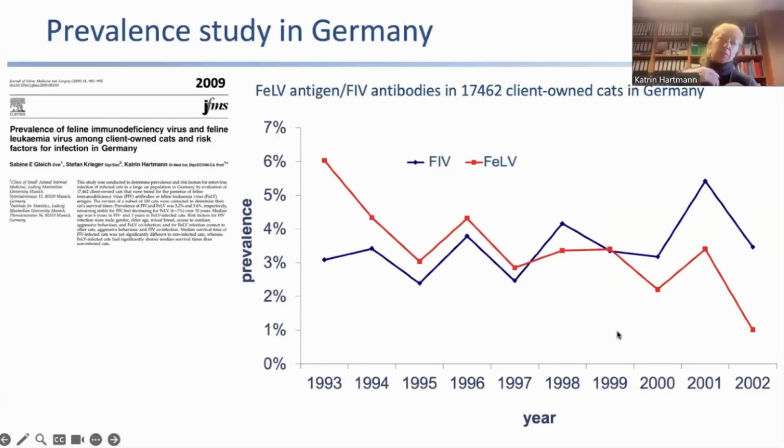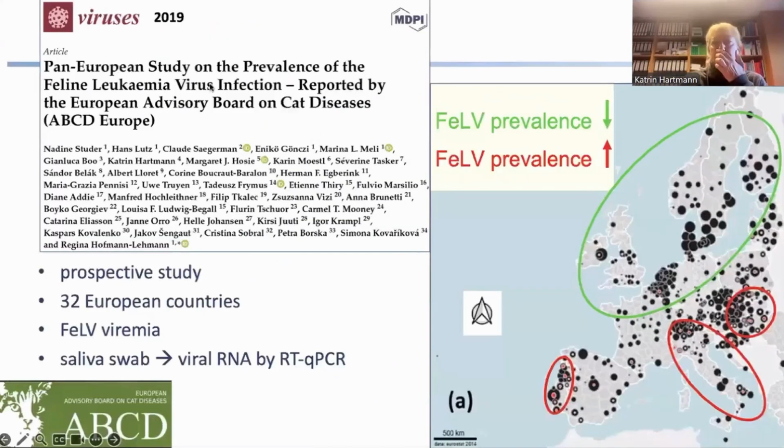FeLV prevalence can of course be controlled more easily by vaccination and also by testing. And FeLV, if it's in a population, might kill cats. So there was that decrease, but this decrease has plateaued now, and now we also have a stable prevalence for FeLV.